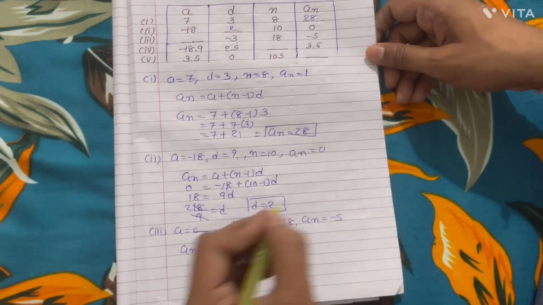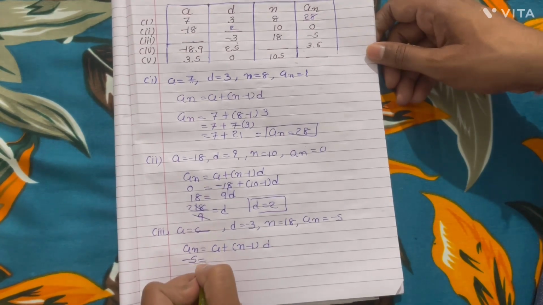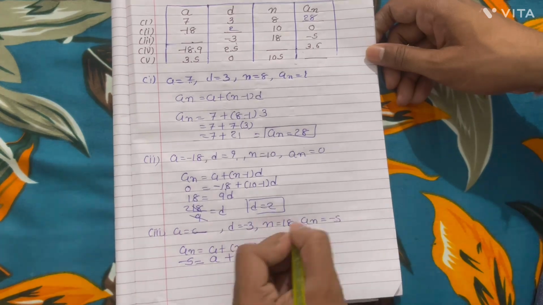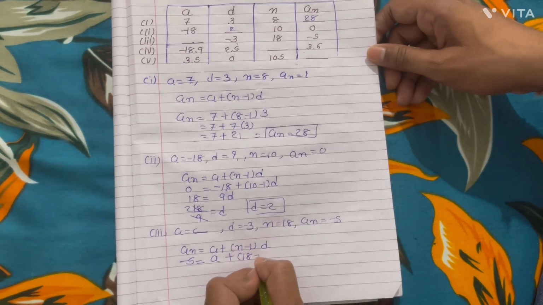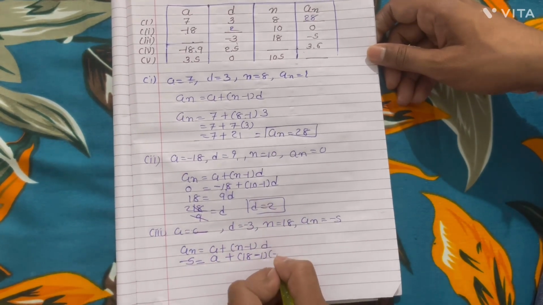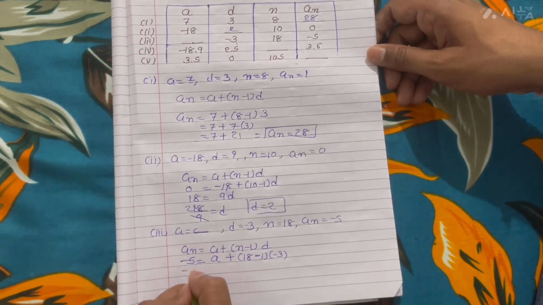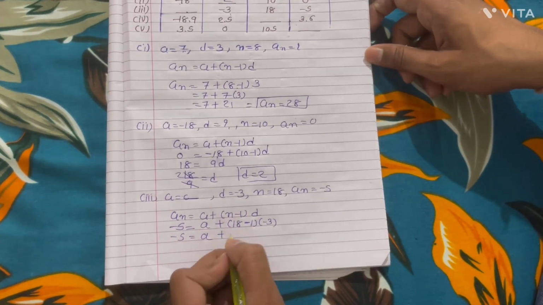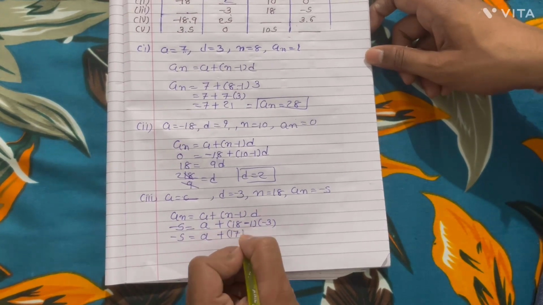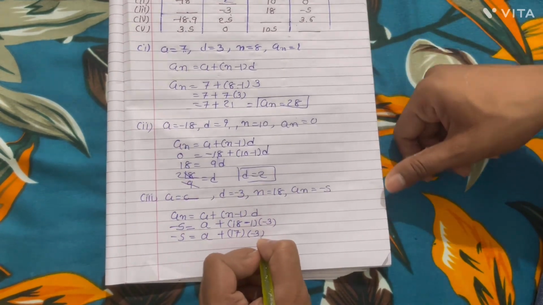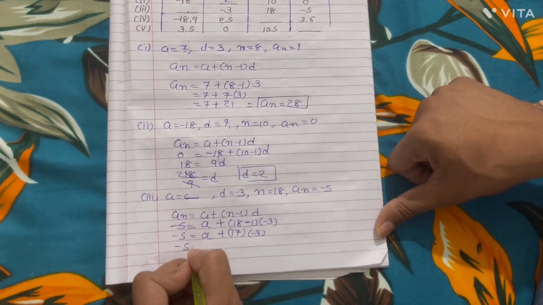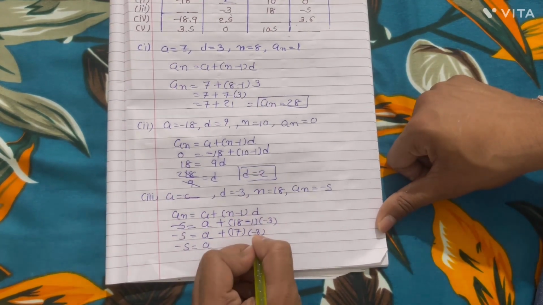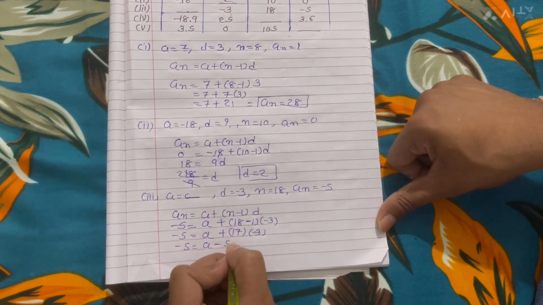What is the value of an? It is minus 5. We have to find a, so that will remain as it is. n is equal to 18 minus 1, d is equal to minus 3. So minus 5 is equal to a plus 17 into minus 3. 17 threes are 51, so minus 51.